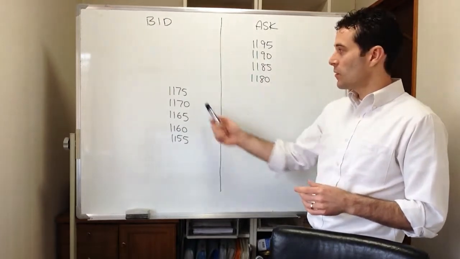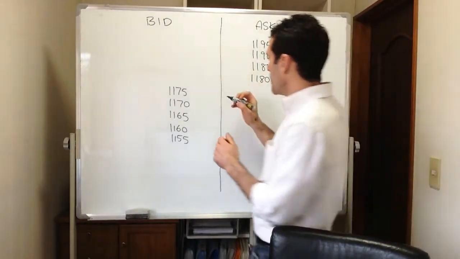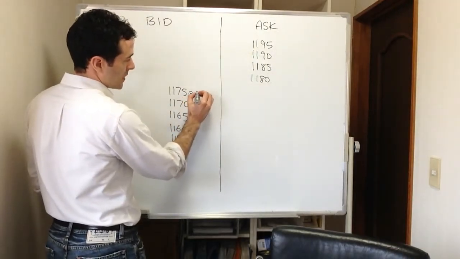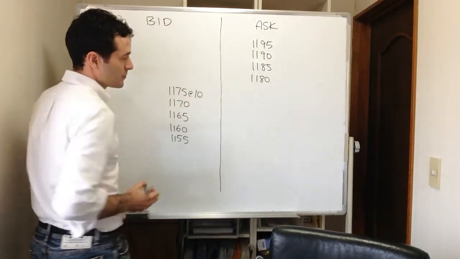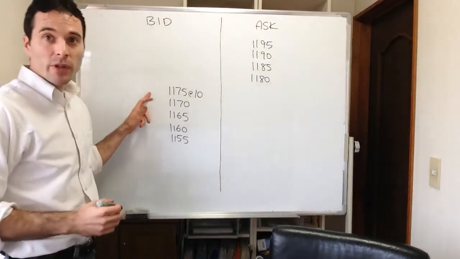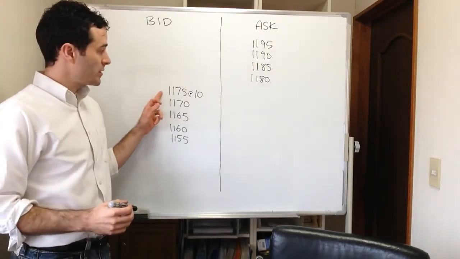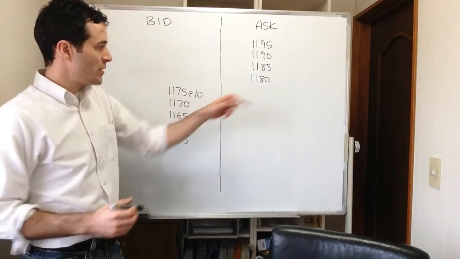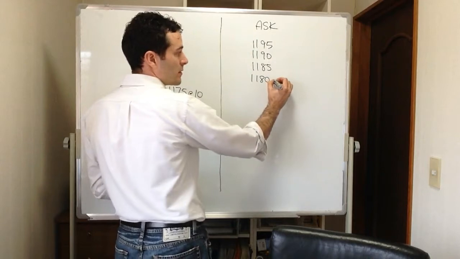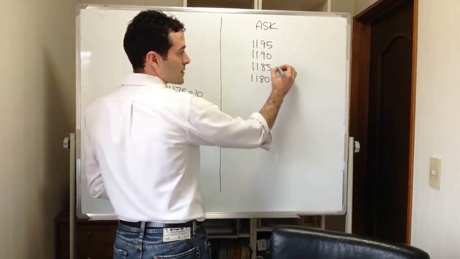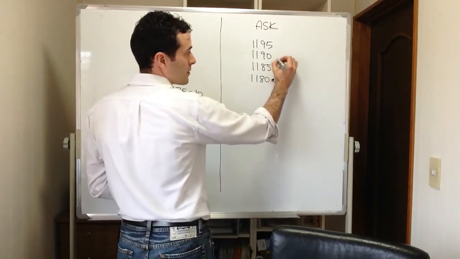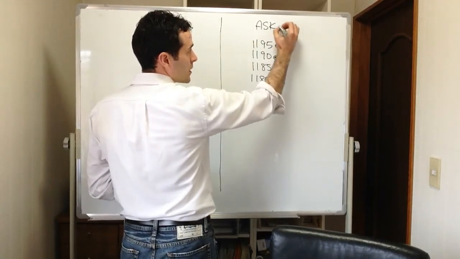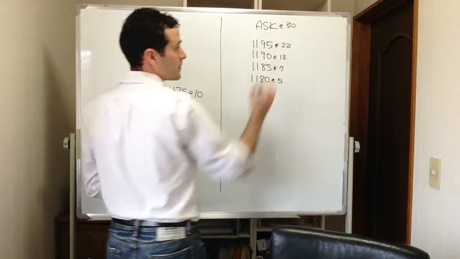So, for example, right here, say the price is currently trading. Maybe there's 10 contracts available. Someone's saying, I'm willing to buy 10 contracts of gold at 11.75, and then someone's over here saying, well, I'd like to sell 5 of them at this price, and maybe up here there's 7, or maybe up here there's 18, etc., etc. Right?